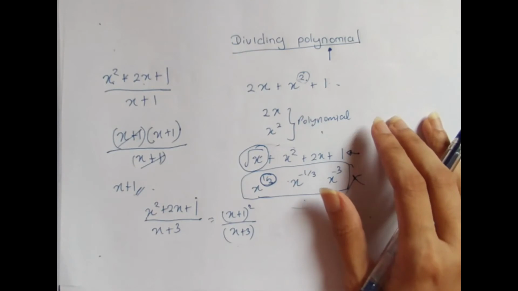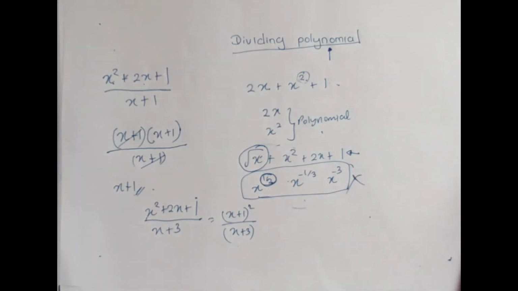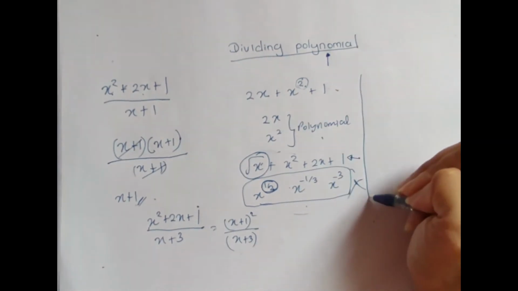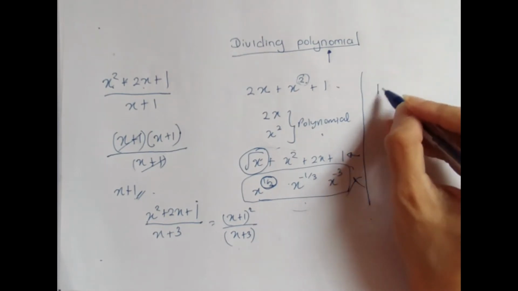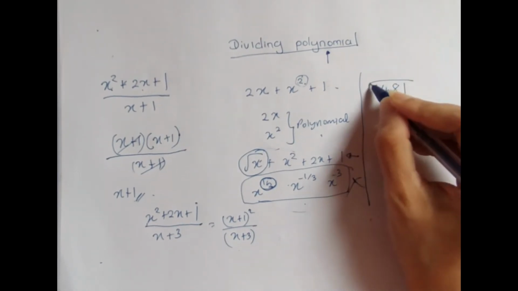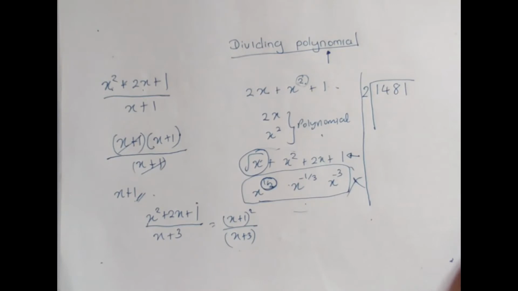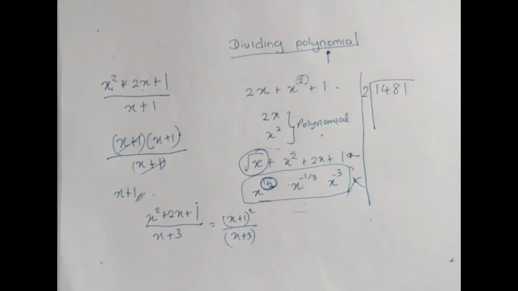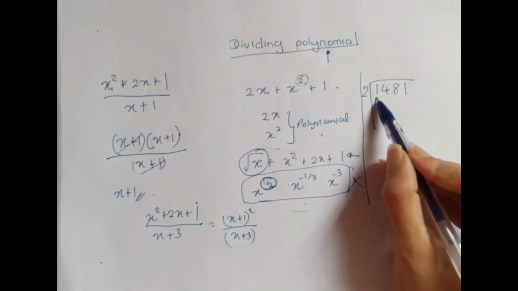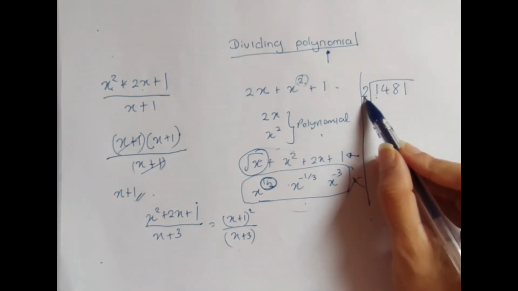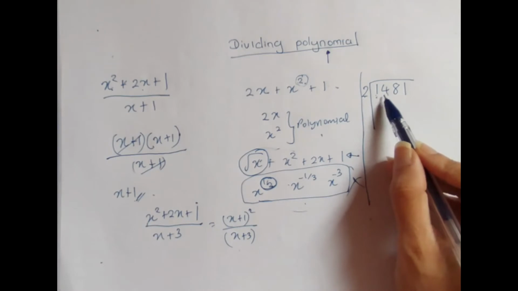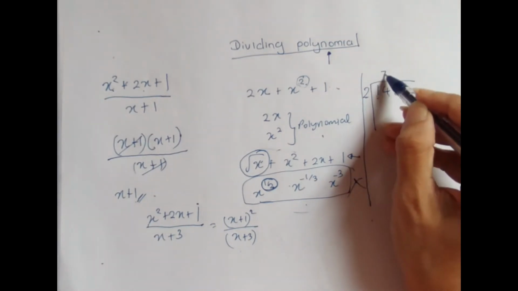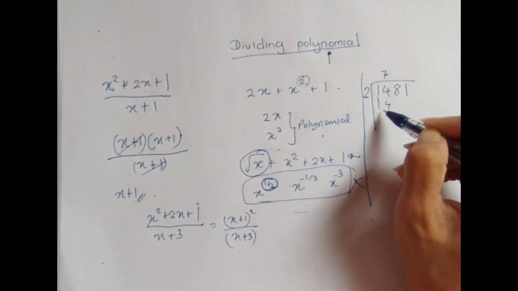You learned long division in your younger days. Take 1481 divided by 2. First I check 1: 1 divided by 2 gives you half, no. Then I take 14. 14 divided by 2 is 7. 7 into 2 is 14.